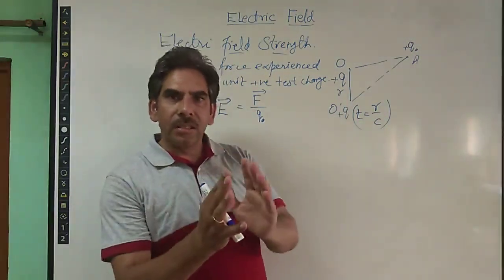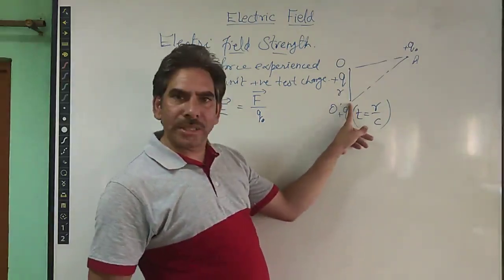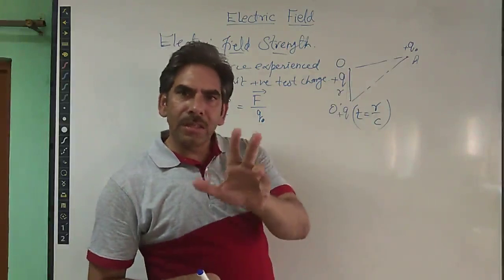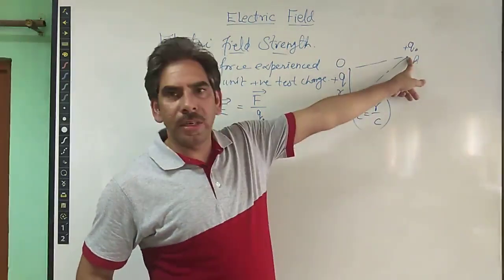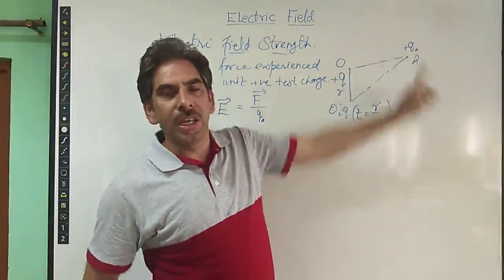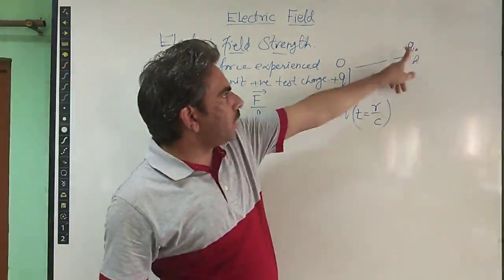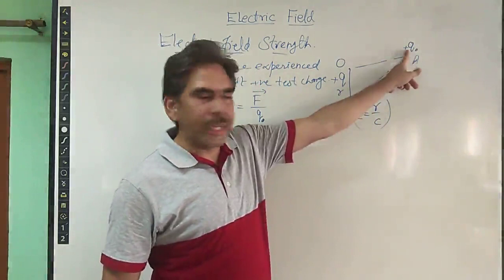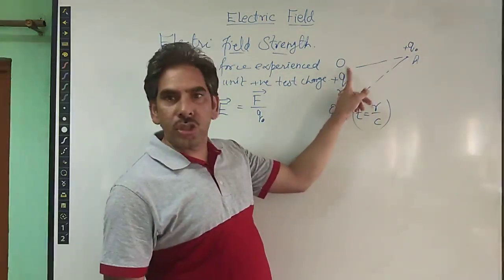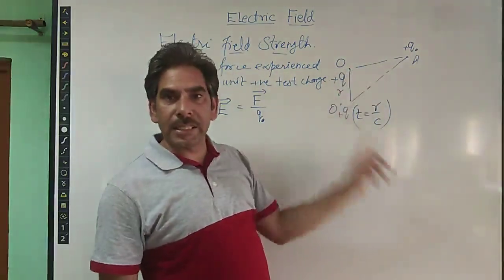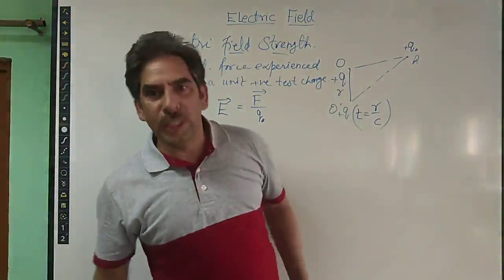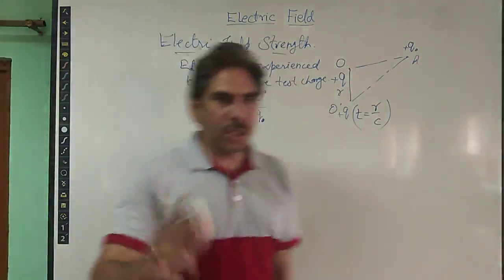If the source charge is moved from its earlier position, it will change its electric field at that point, as we have discussed earlier. So the test charge has to be very small, so that the source charge is not displaced from its position.